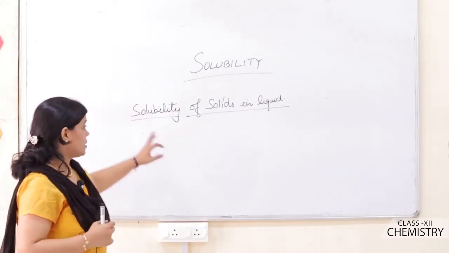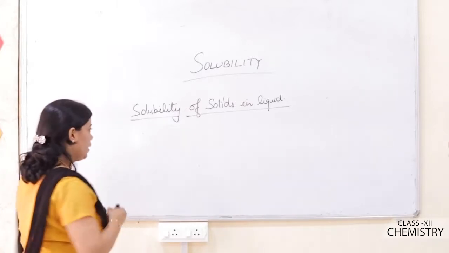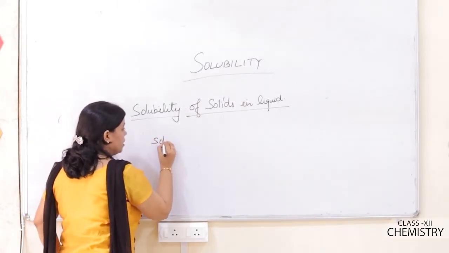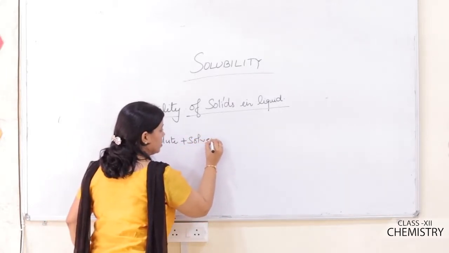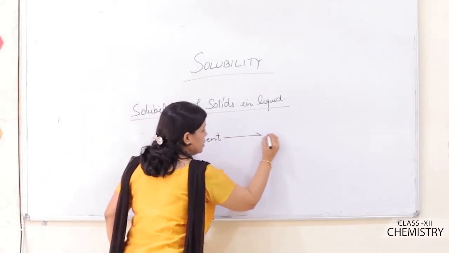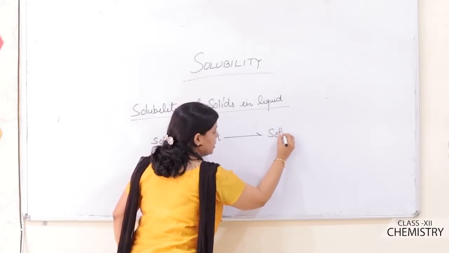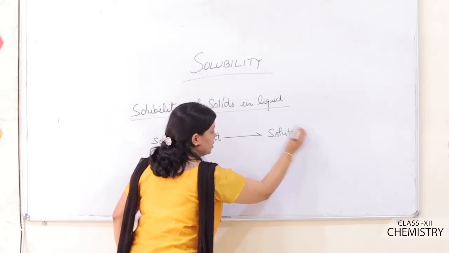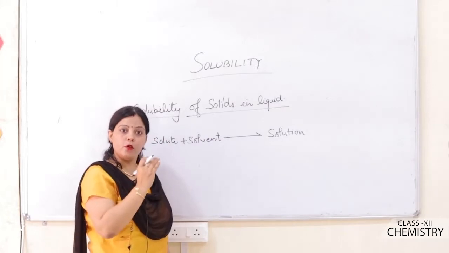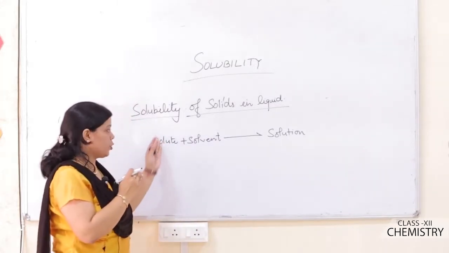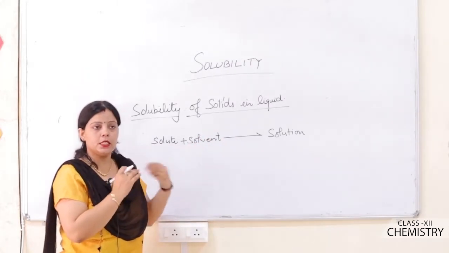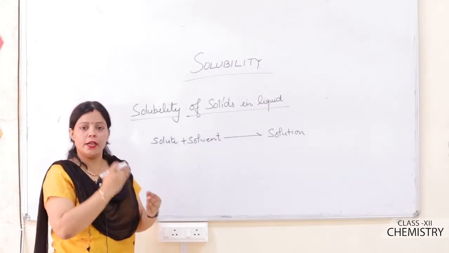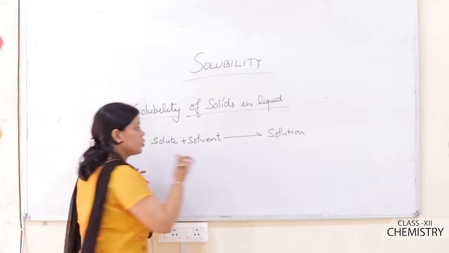But after some time it is found that when we add the solute in the solvent, no dissolution takes place. It is generally observed that not much more solute is added into the solution.